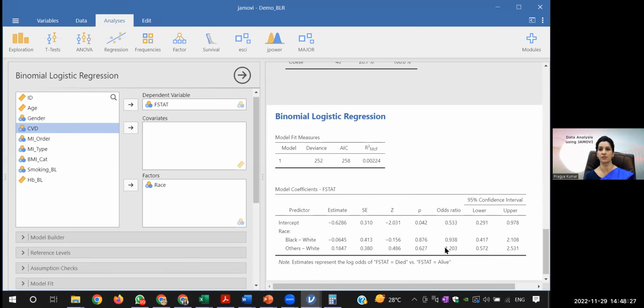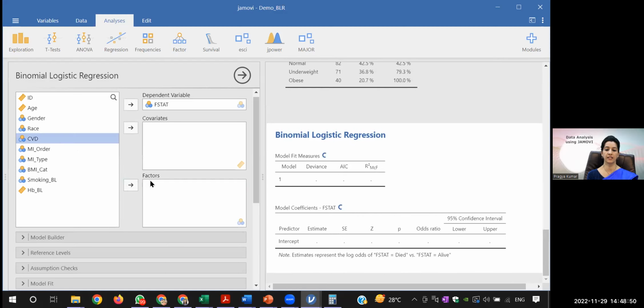This is the odds ratio. Okay. So if you see the p-value, it is 0.8 and 0.6. So should you be taking this in your final model? Yes or no? No, because the cutoff which we have kept is up till 0.2. So I will not take race in the final model.